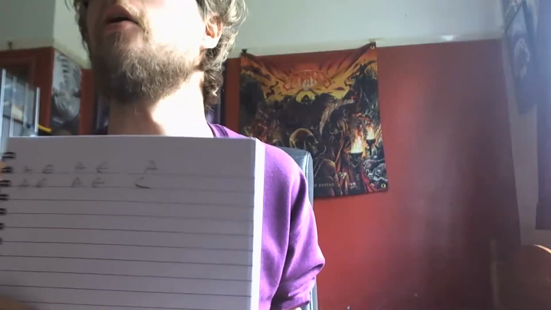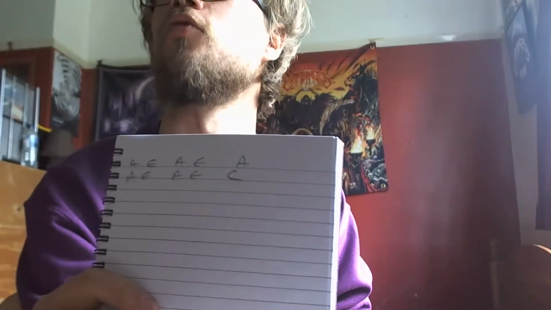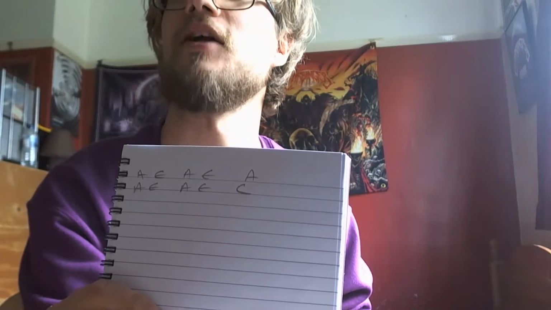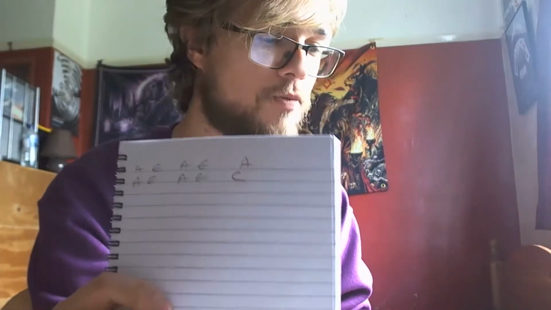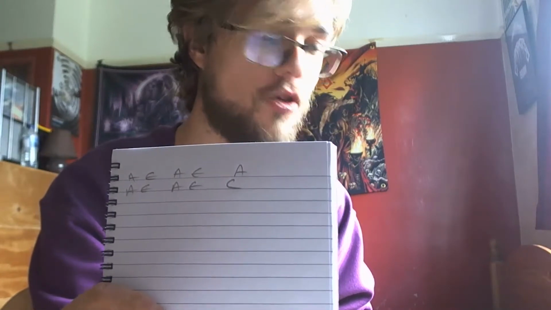Rather than trying to read the tab, because it's all open strings, we could go A, E, A, E, A, and then A, E, A, E, C. I know it's probably backwards, but you could write it in an easier format to read like this. That would take away from trying to focus on the book so much, and then you can focus more on what you're playing on the ukulele.